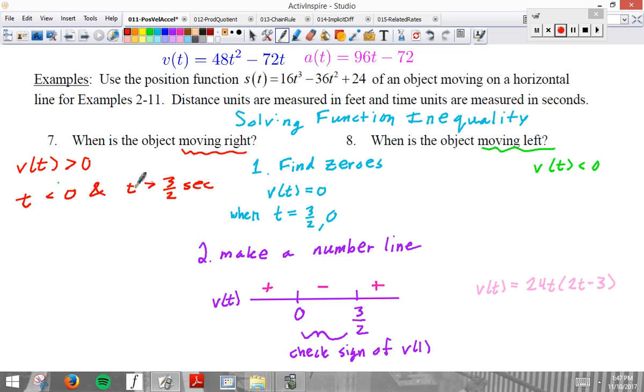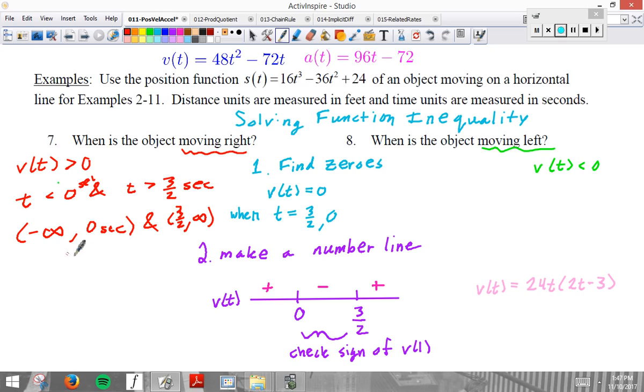These are both seconds. You could also write it in interval notation, from negative infinity to 0 seconds and from 3/2 seconds to infinity.